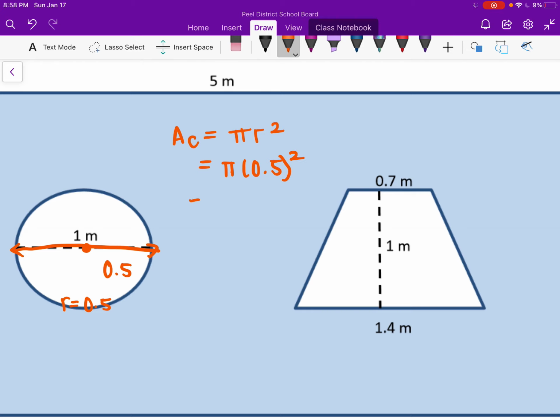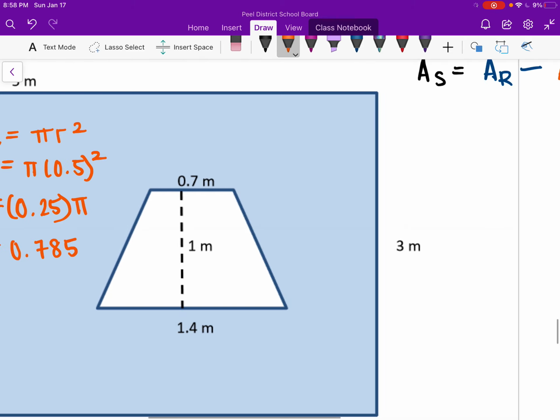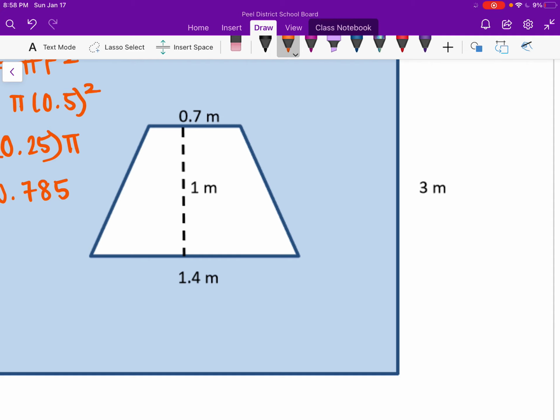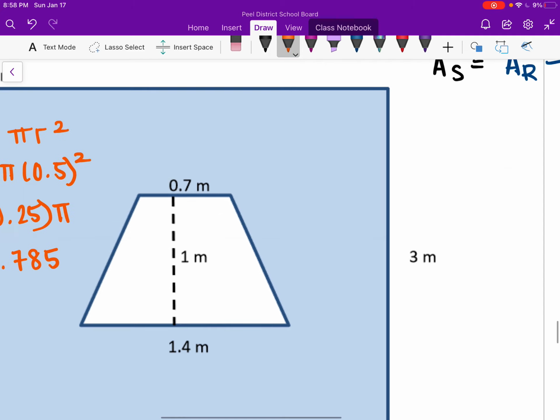That equals 0.25 pi, and I'm going to put that into my calculator, and that gives me 0.785. I'm going to leave it at 3 decimal places because I like to work with at least 3 until I have to do my final answer. If you want to round that to 0.8, that's fine. I just like to work with as many decimals as I can until I have my final answer.